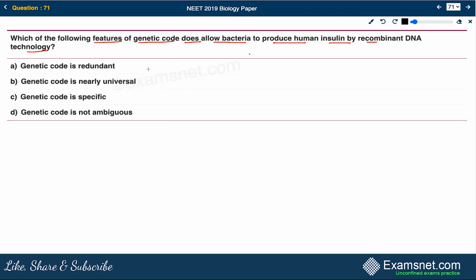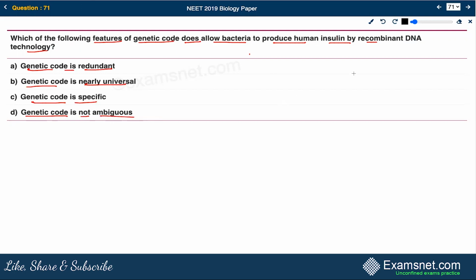If we look into the different options, the first option says that genetic code is redundant. Then genetic code is nearly universal. Genetic code is specific, and genetic code is not ambiguous. All right.